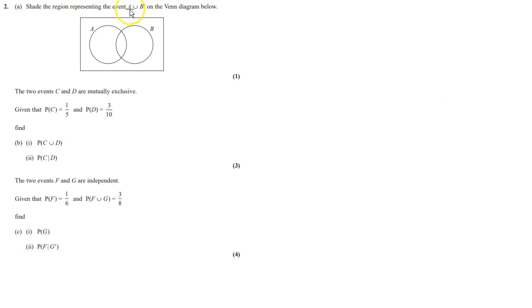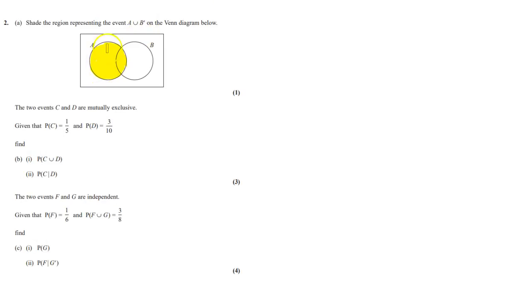Shade the region representing A union B dash, B prime, whatever you say. This is A and B complement, or B dash, B prime.